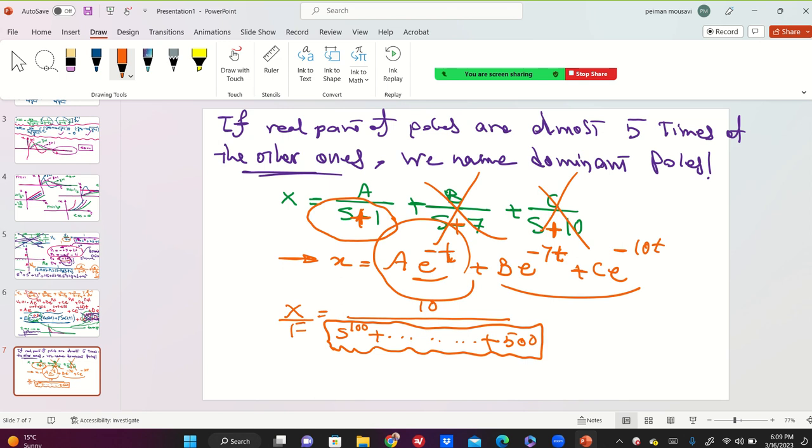Actually, when you want to design a controller, it's better that you know how the system behaves. So you have to know what the dominant pole is. Maybe a system has no dominant poles and they are very close. But if your system has dominant poles, you know that this higher order system acts as a second order system, so I can design this controller with this gain. But maybe your system has no dominant poles.